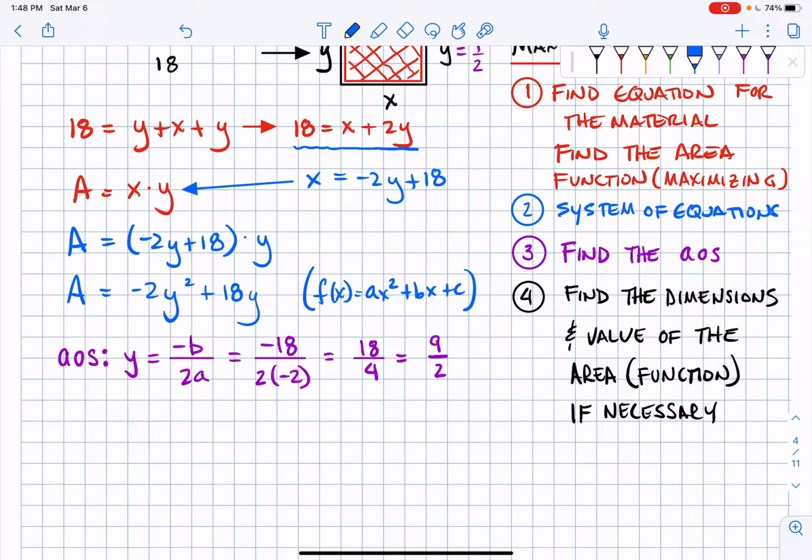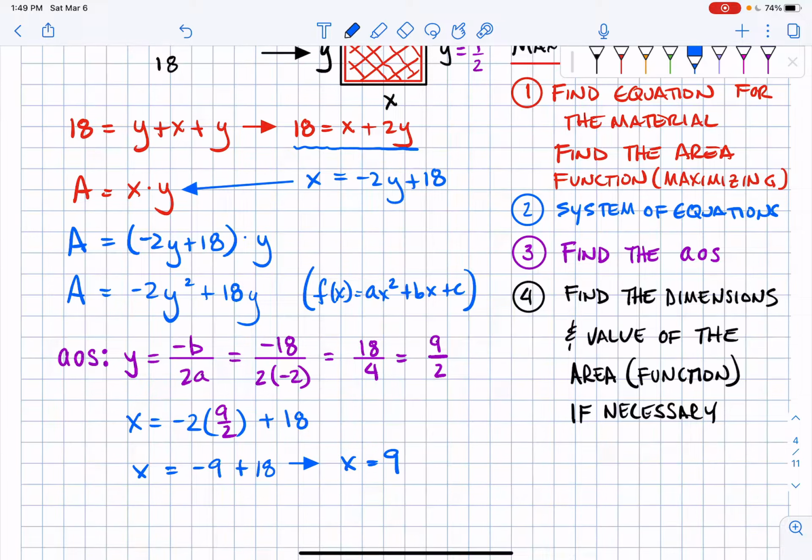So x is equal to negative 2 times 9/2 plus 18. I plug in the 9/2 here. Negative 2 times 9/2 is negative 9 plus 18, so x equals negative 9 plus 18. Therefore, my x is going to equal 9.